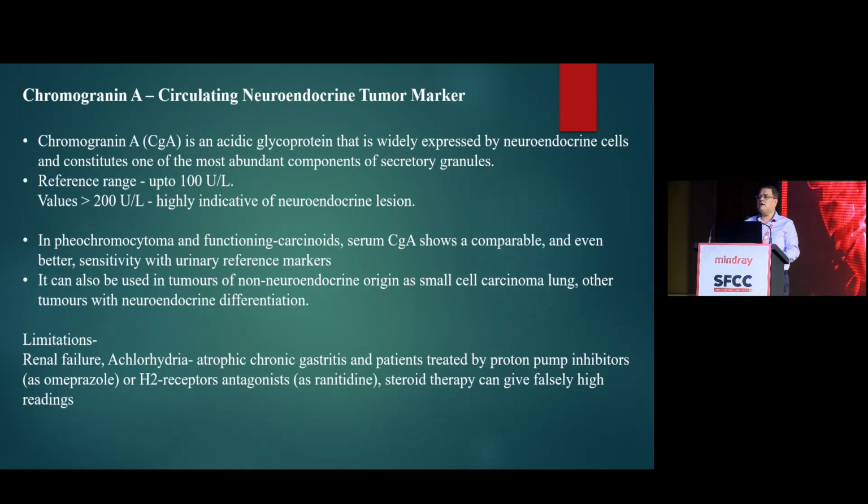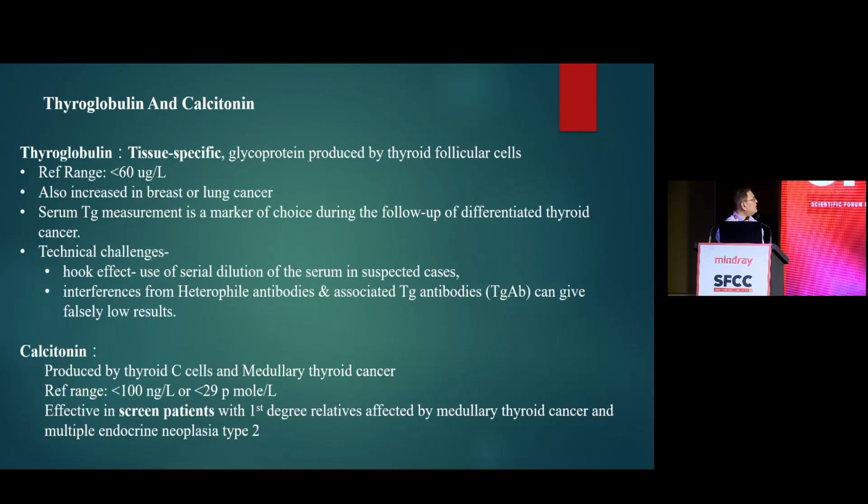Chromogranin A is another very important novel marker, which has now become very important for almost all suspected neuroendocrine tumors in the body, ranging from carcinoid to small cell carcinoma of the lung to pheochromocytomas. So for any neuroendocrine tumor, this has become a very important novel marker.